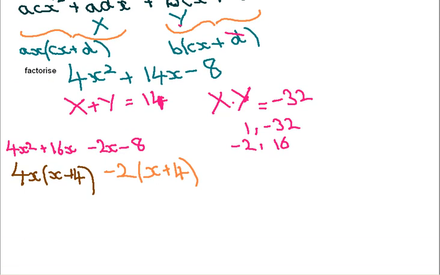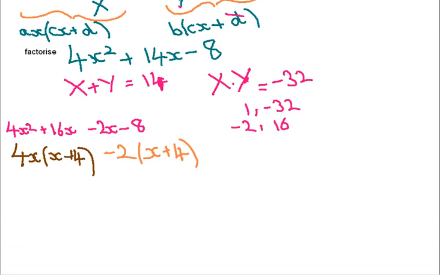And there we go. Quite simply then factorise, the answer is going to be 4x minus 2 times x plus 4.